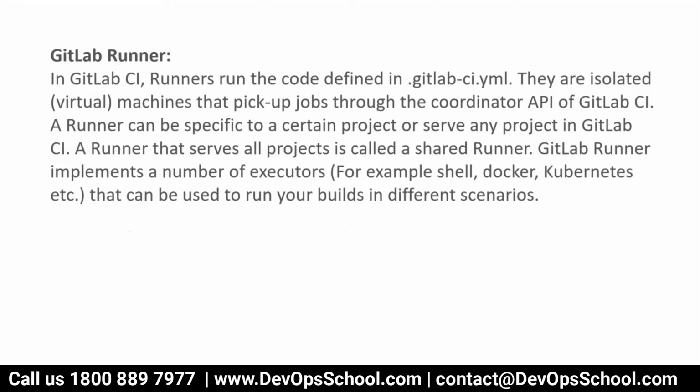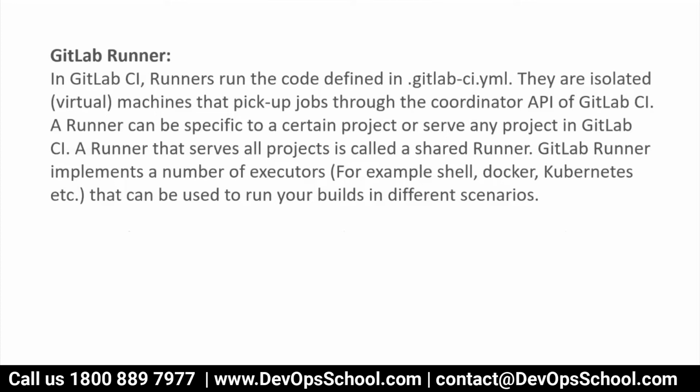Now for the runner, how to use code and create a runner, we'll discuss this. A runner can be a virtual machine, a physical machine, a container, or even Lambda; many things can be used. Runners run the code defined in the CI file.